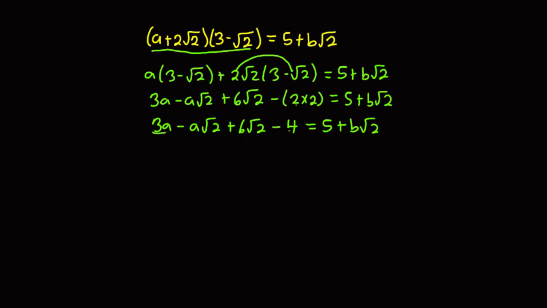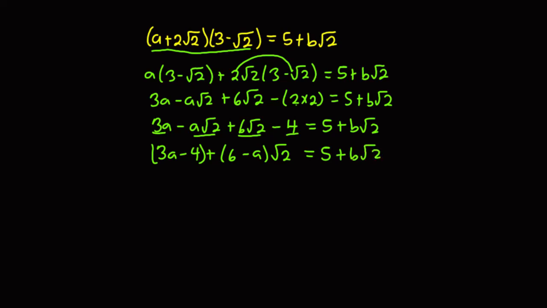This is not a surd, so this gives us 3a minus 4. Then we have a surd here and another surd there, so we can factorize root 2 out. Factorizing root 2 out, we get plus (6 minus a) root 2, and this is equal to 5 plus b root 2.